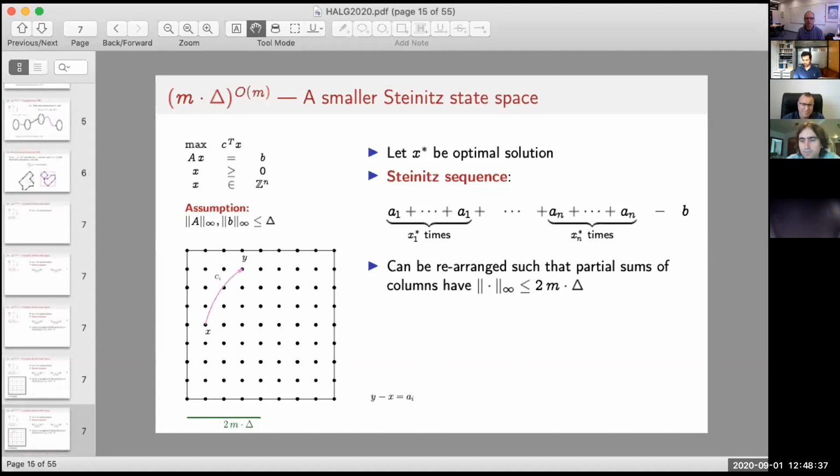And now in this cube, we link an integer point x with an integer point y if y minus x is a column of our matrix A. Here you see this is a column of our matrix A, and we also have the cost ci. Now in this state space, we have only m times delta to the O of m nodes. Before we had m times delta to the O of m squared.